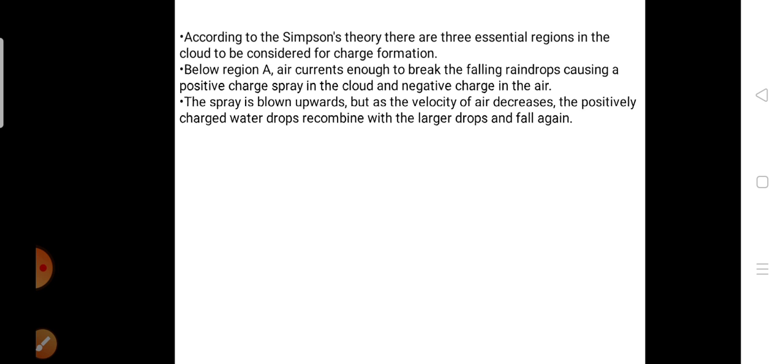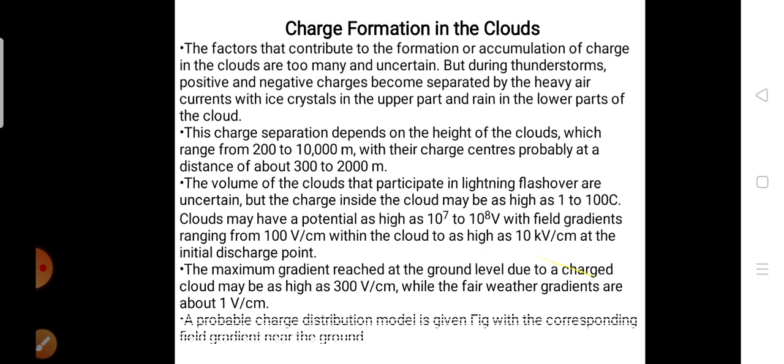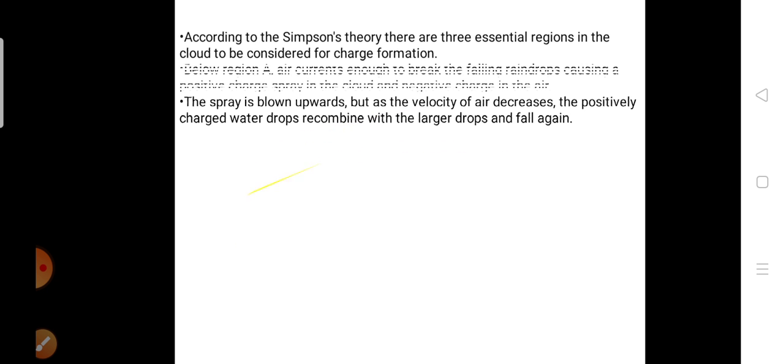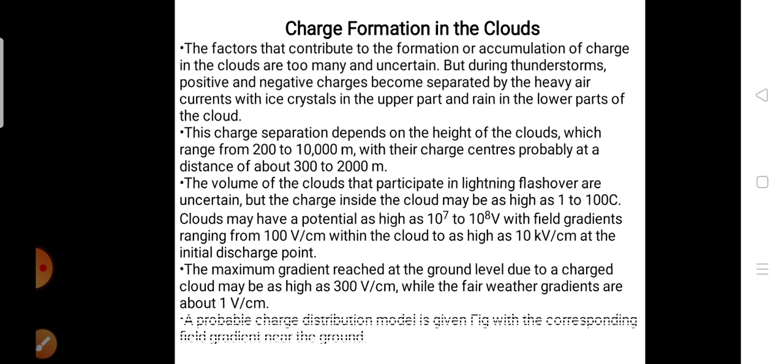Below region A, air currents are enough to break the falling raindrops.